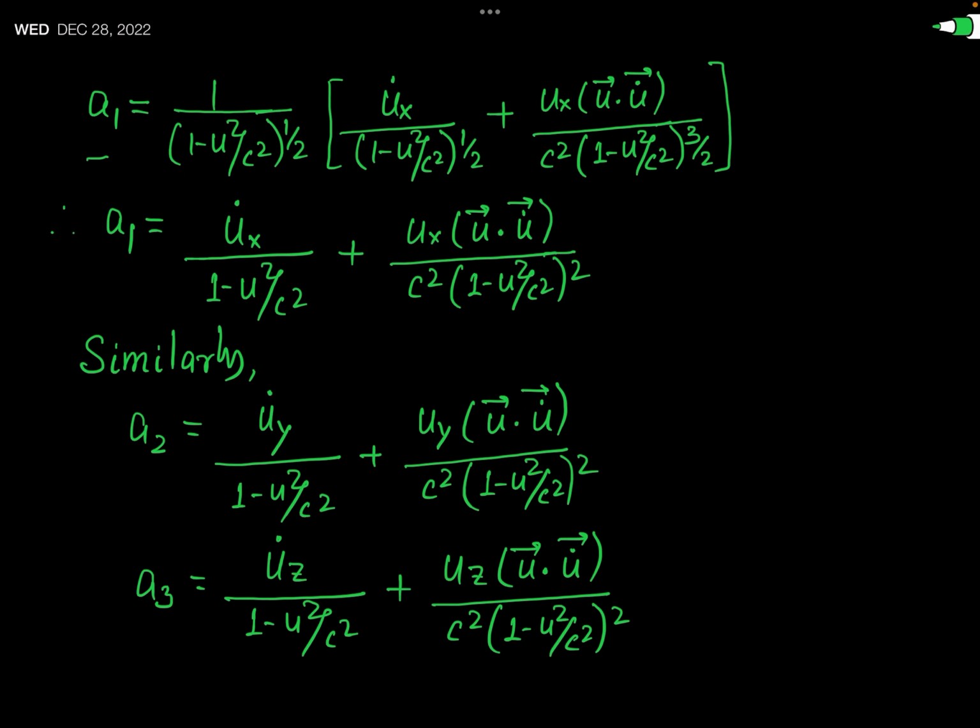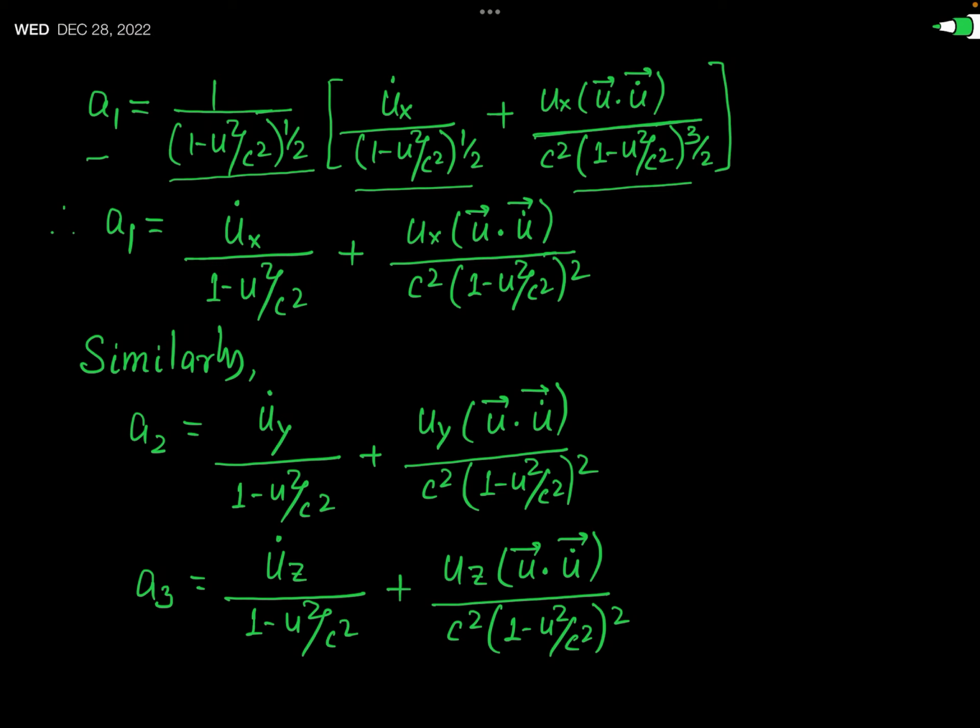This will be a1 equal to 1 over (1 minus u square by c square) to the power half times [ux dot over (1 minus u square by c square) to the power half plus ux times u vector dot u dot vector divided by c square times (1 minus u square by c square) to the power 3 by 2].